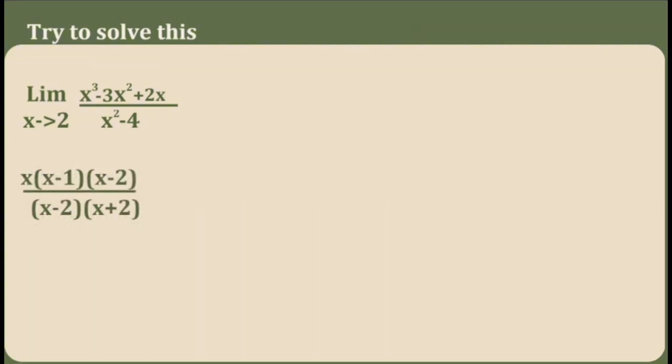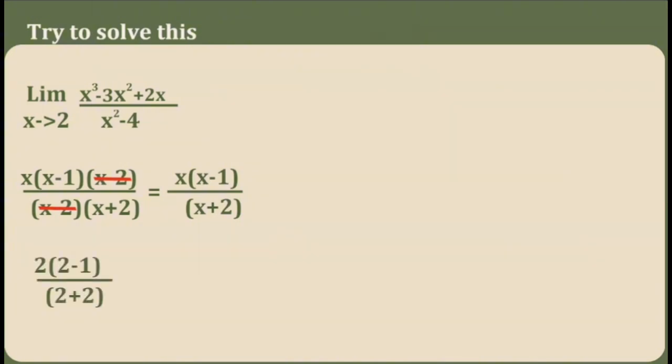In substituting this factorization, the expression becomes x times x minus 1 times x minus 2 over x minus 2 times x plus 2. And now, we cancel the common terms, so it becomes x times x minus 1 over x plus 2. Substitute x with 2 into the simplified expression, and 2 minus 1 is 1, and 2 plus 2 is 4.